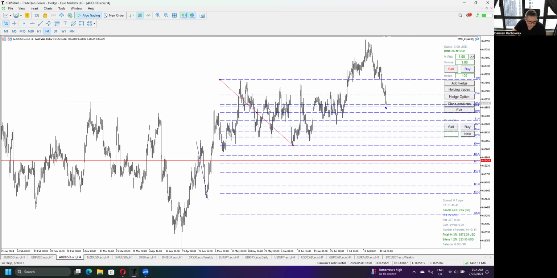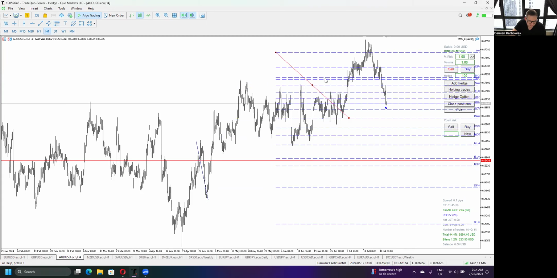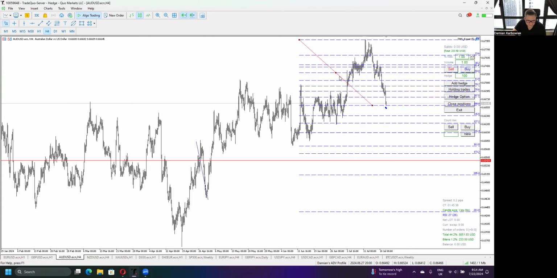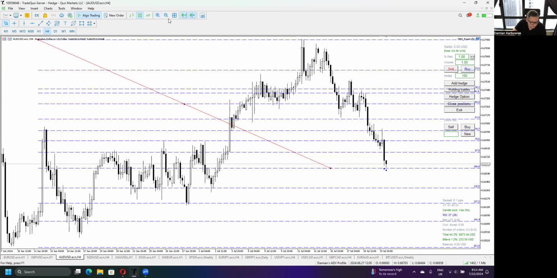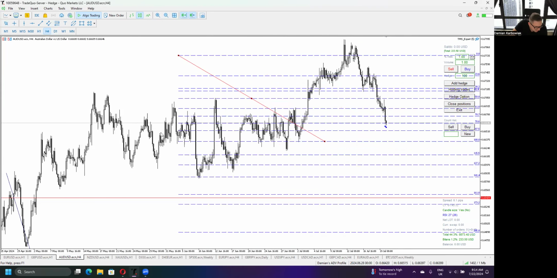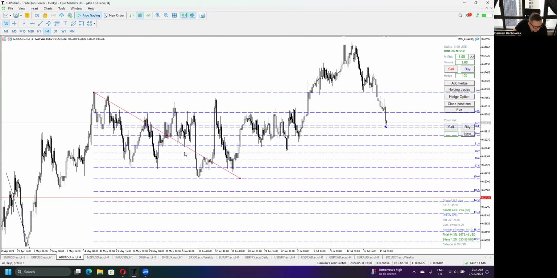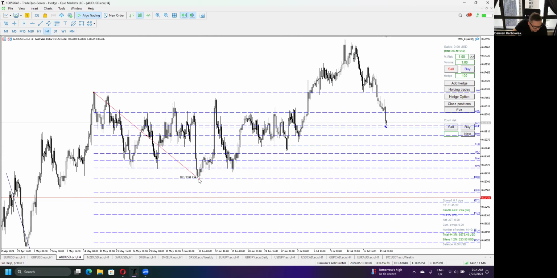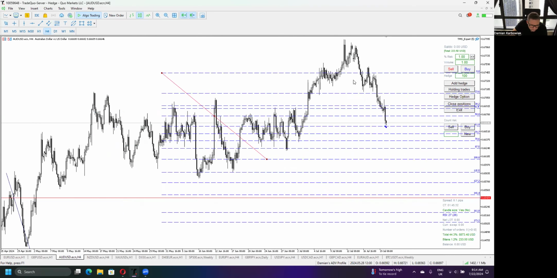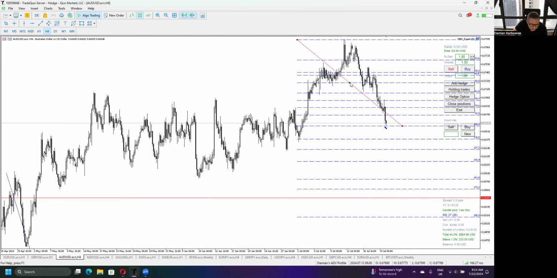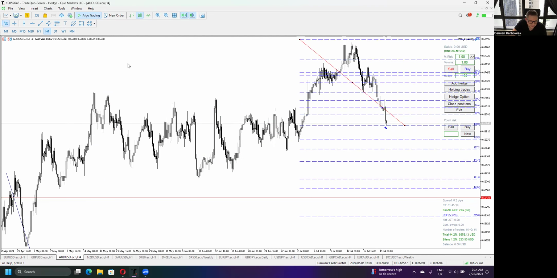So what we have to do is just to measure it, move it to the top, and then as you can see, they are almost there, or they already touched. They are almost there. This almost I treat like it's already touched.